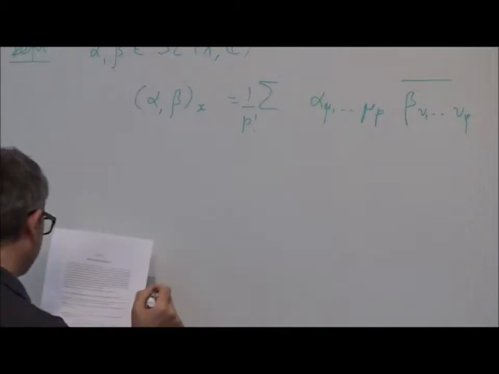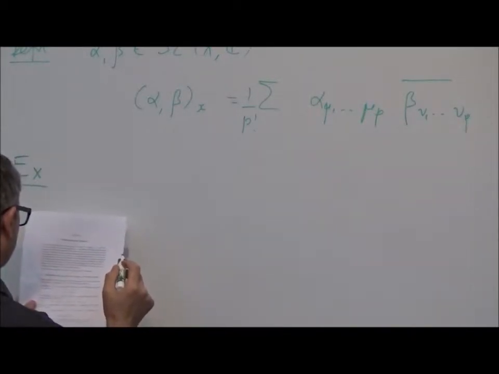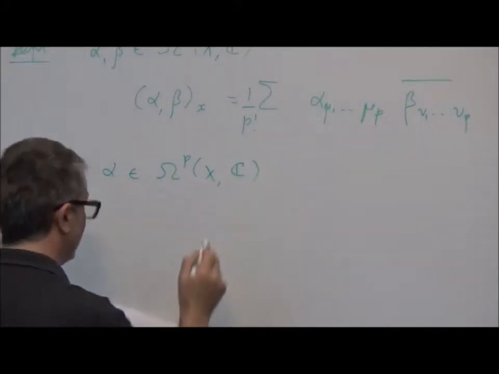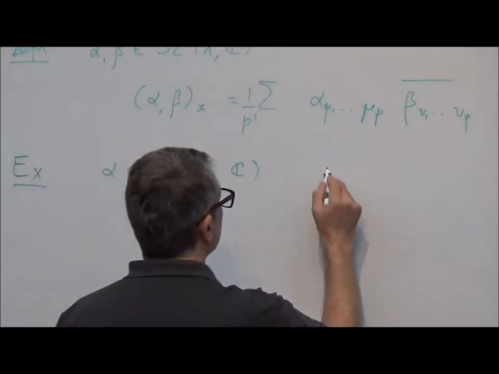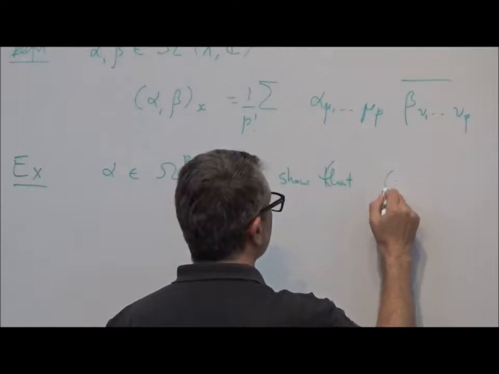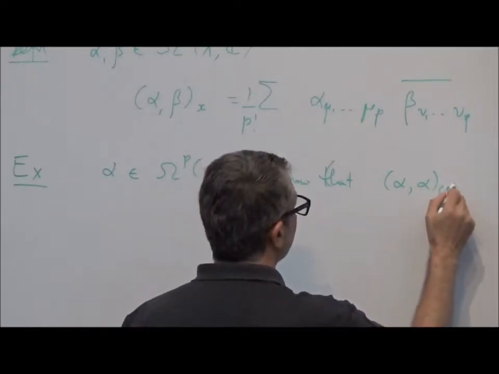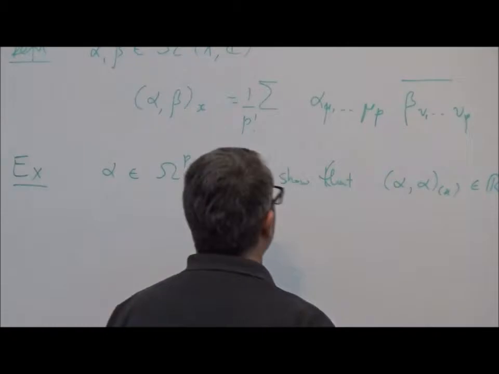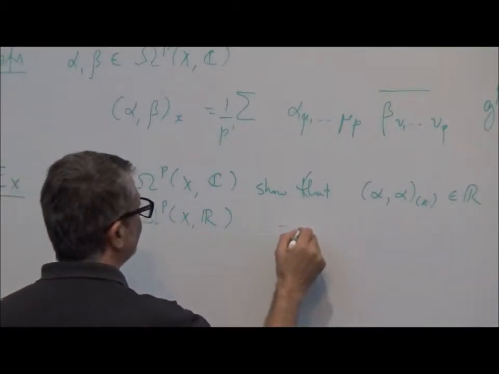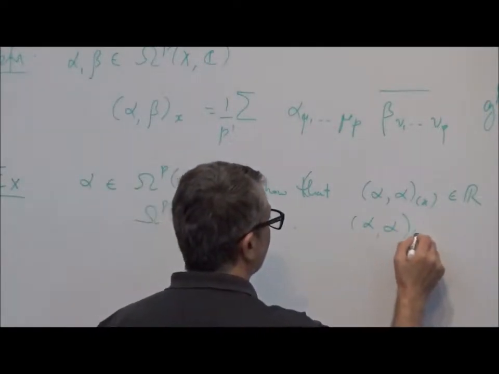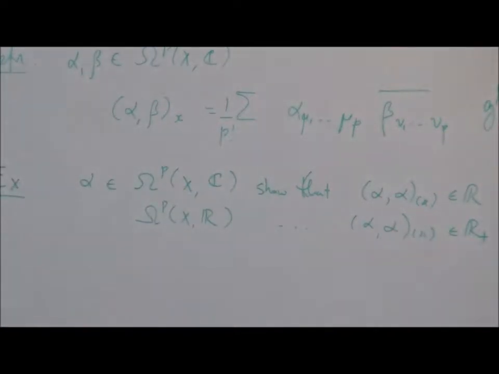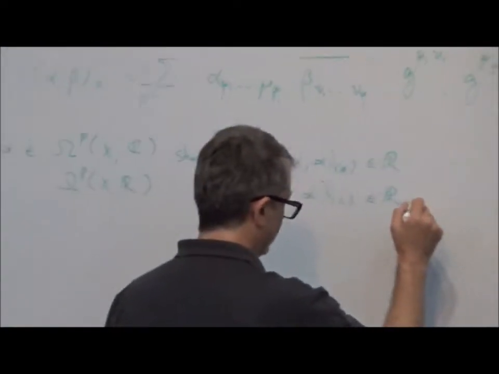Anyway, so for alpha in Omega^p(X, C), you can show that the inner product of alpha with alpha at point x is in the reals, and if it happens to also be nonzero at point x, then you can show that it's in the positive line.